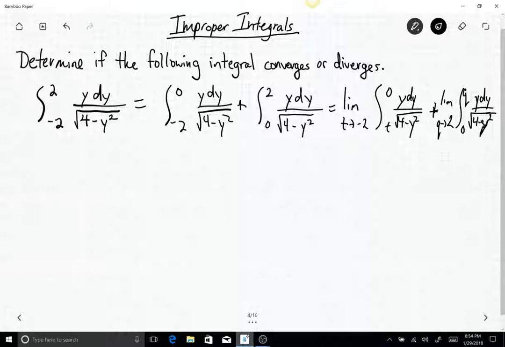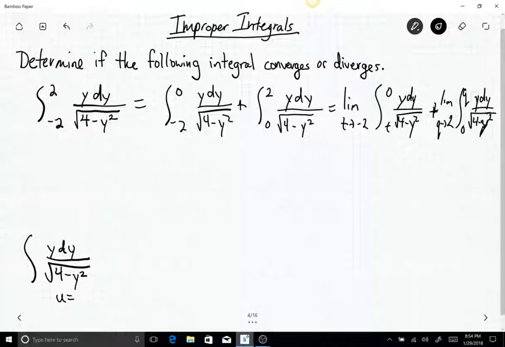Rather than go back to the limits right away, I'm going to solve a more general integral, just because it'll be easier for us to plug in once we figure out the antiderivative. So with this general antiderivative, we want the integral of y dy over the square root of 4 minus y squared. You could do a trig substitution, and it'll just take you a little bit more work. The easiest route is a u substitution.